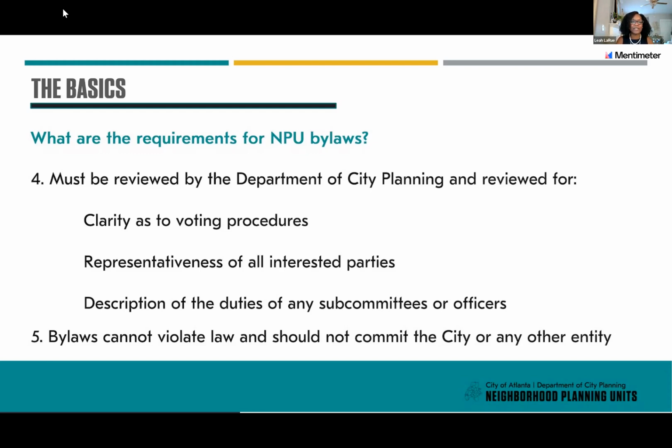We do read every single word of your bylaws, and we do make recommendations when we see red flags. If we see something that we think will cause a problem for you, maybe it doesn't violate the code, but we know that it doesn't work because we've seen it someplace else, or we just see a gaping loophole, we'll let you know, hey, you may want to take a look at section 2, article B, because it's got some major loophole, etc. But in terms of approving your bylaws, we are only approving based on clarity as to voting procedures, representativeness of all interested parties, and description of the duties of any subcommittees or officers.